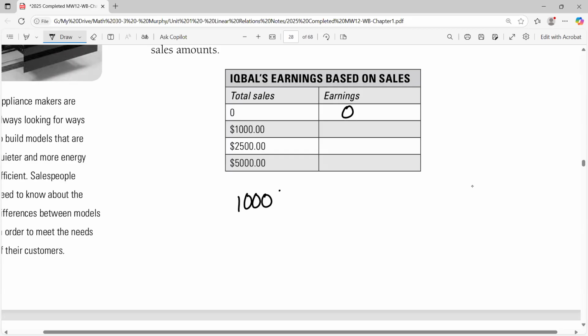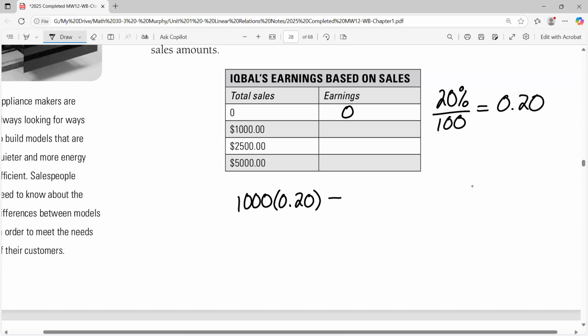So what you're going to need to do is multiply by 0.20. So 0.20 is 20% divided by 100. So we're turning percent into a decimal. 0.20. Okay, remember 100% would be just the number 1.